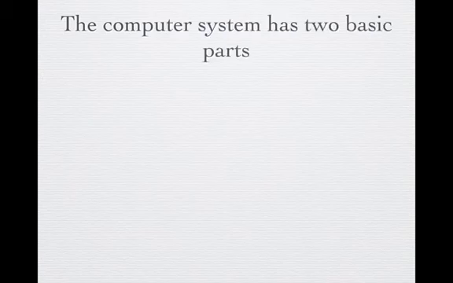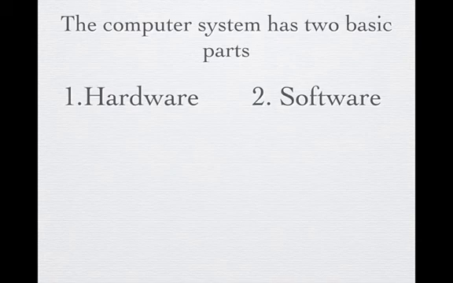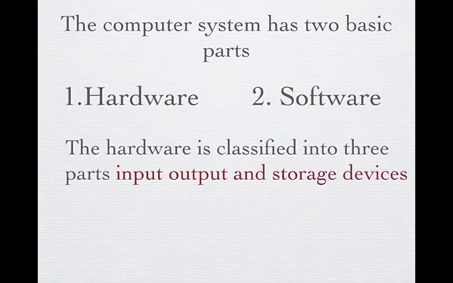What is hardware? A computer system has two basic parts: hardware and software. From that we have learned what hardware is. Hardware is a physical part of a computer that you can touch and see. Hardware again has different types: input devices, output devices, and storage devices.